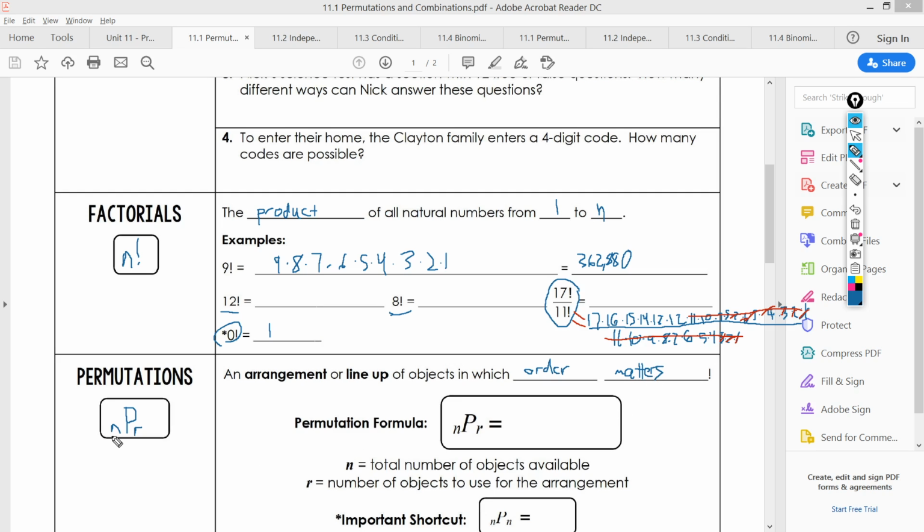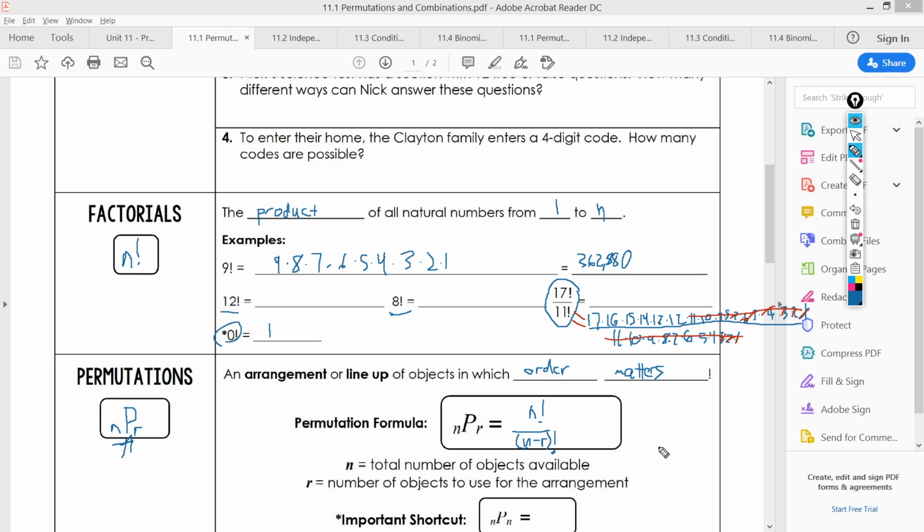And so when I say n pick r, that's the P. People disagree on how you say the P. Like, no one can seem to agree on it. But you could say n permute r or n pick r or whatever you want. And the math for it is n factorial over (n minus r) factorial.